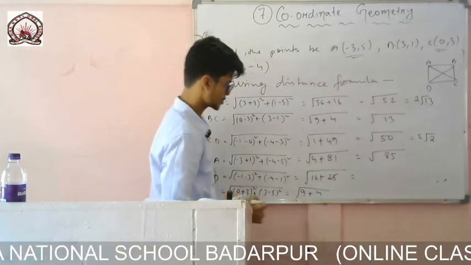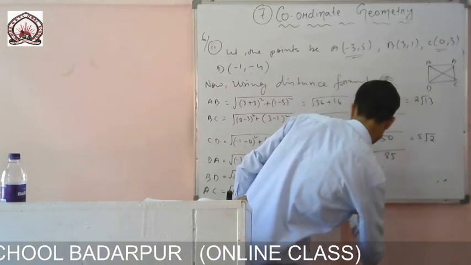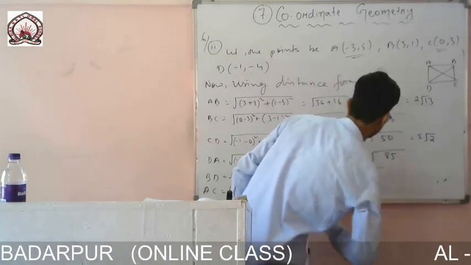So for BD, 16 plus 25 is 41, and for AC it is 13.